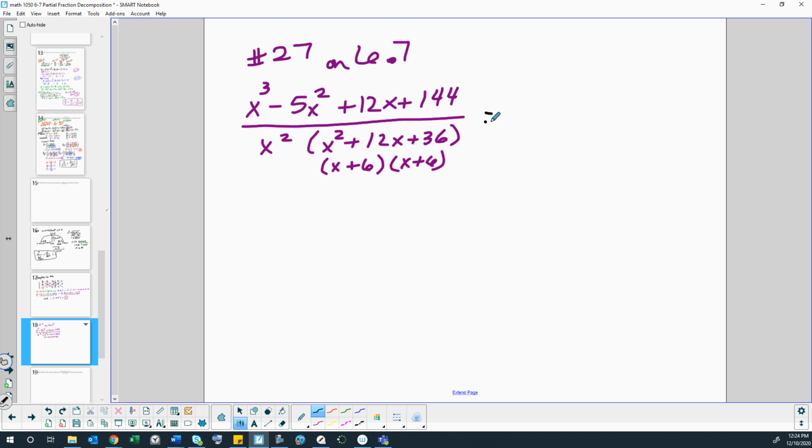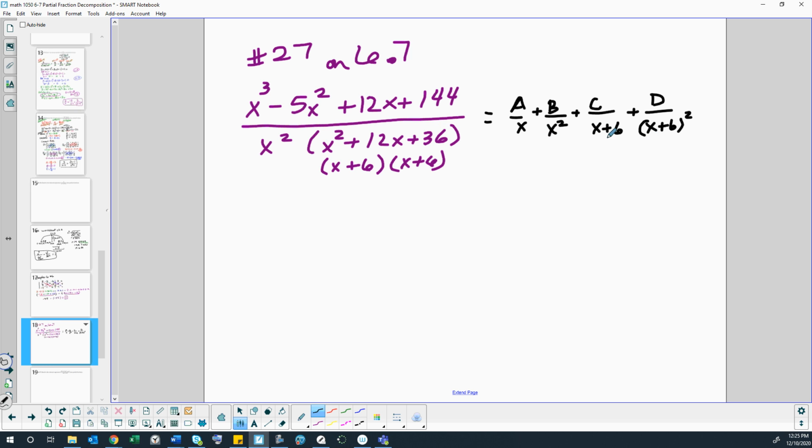So when we set this up, it would be a over x plus b over x squared plus c over x plus 6 plus d over x plus 6 squared. So linear factor repeated, linear factor repeated.